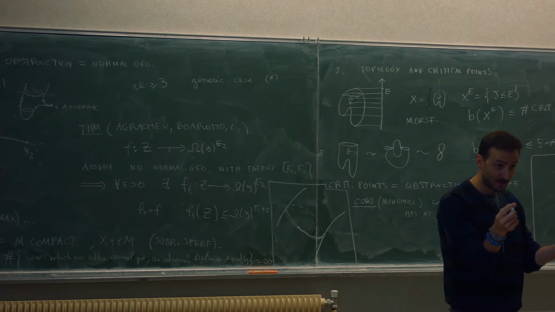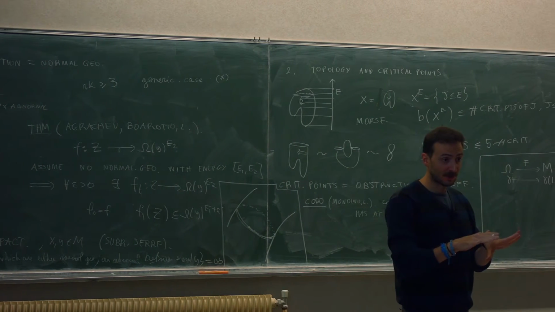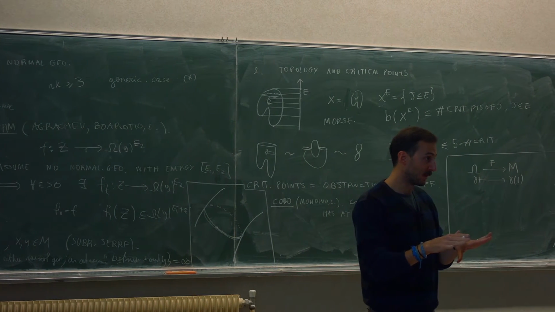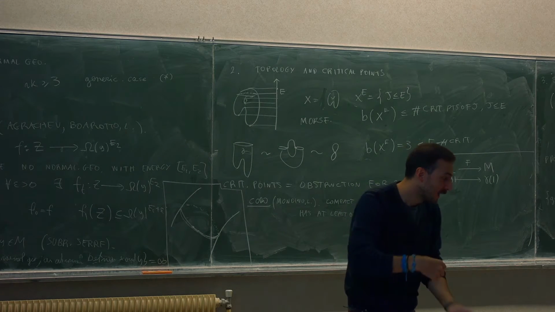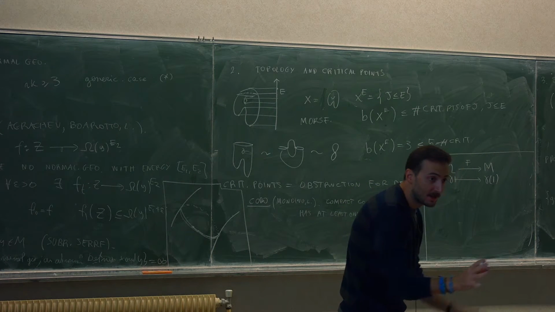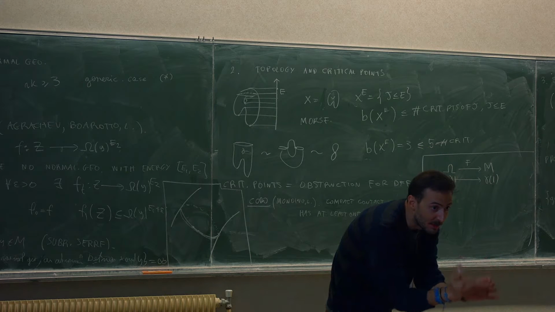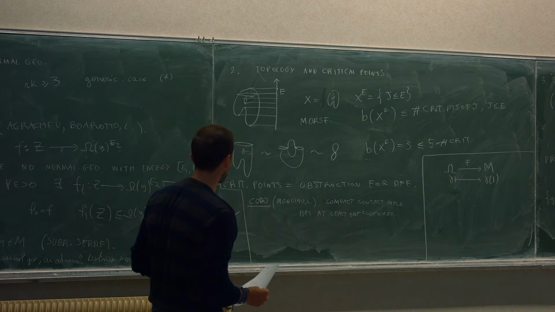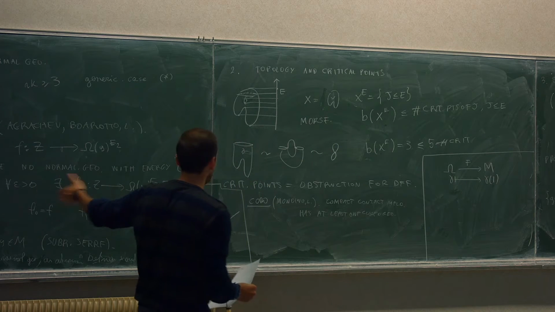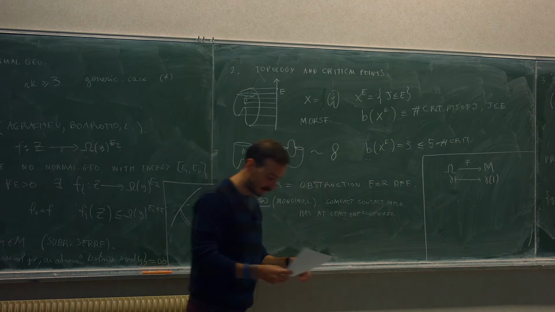But if you ask for closed loops, this is not smooth, because constant loops form a big singularity inside. But because the singularity is very detectable, you know where it is, you can implement an analog of the Palais-Smale condition to force the existence of one closed geodesic.